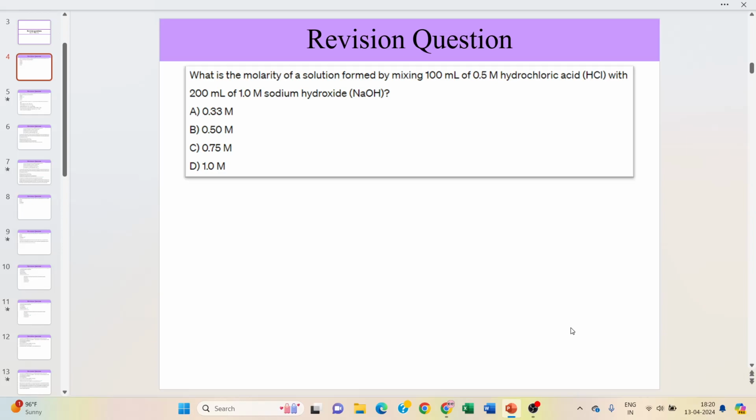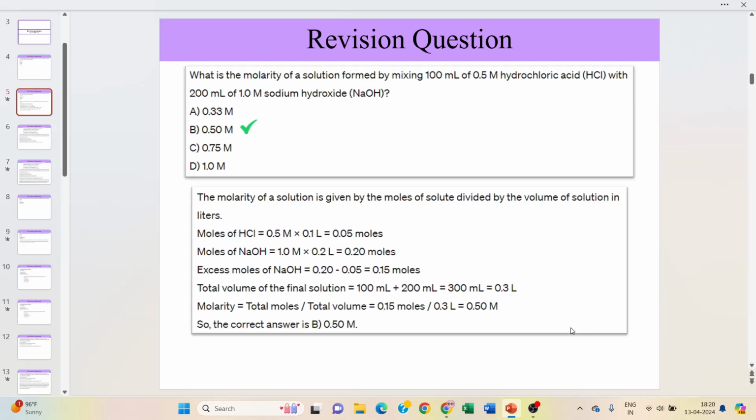So what would be the molarity of the solution when you are mixing half of acid and half of base? So let's see the answer.